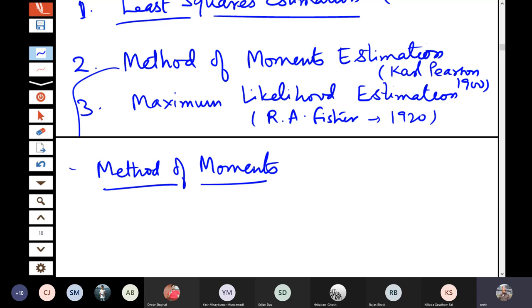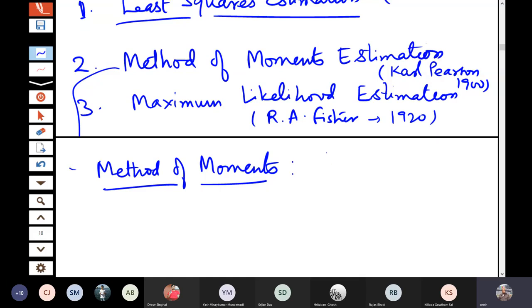A sample variance is unbiased for the population variance, etc. So what it means is that for a parameter of a population, I use the same name for that in the sample: population mean, sample mean, population variance, sample variance. If I use these as the estimators, this is known as the method of moments. So formally this can be expressed like this.